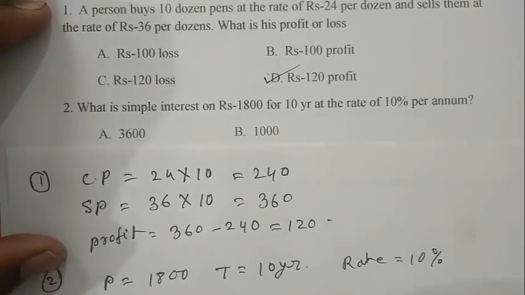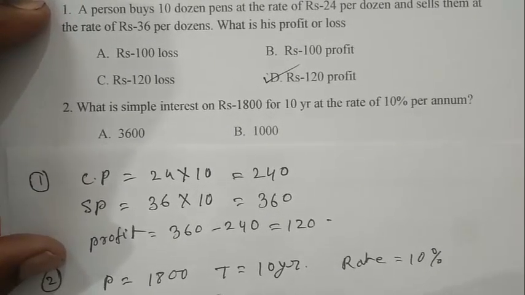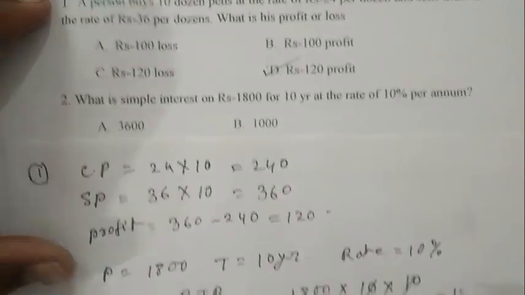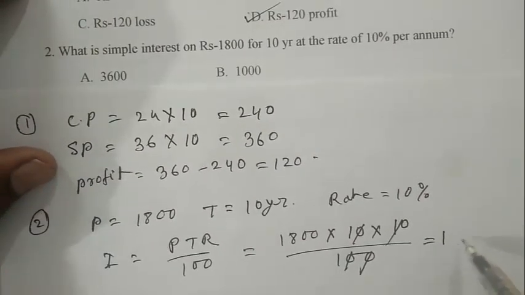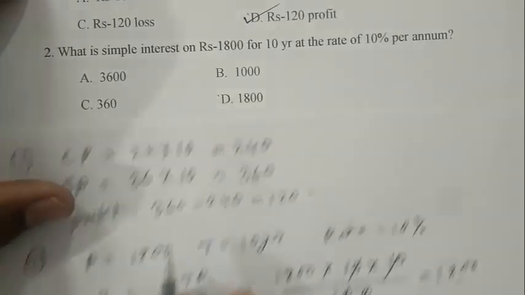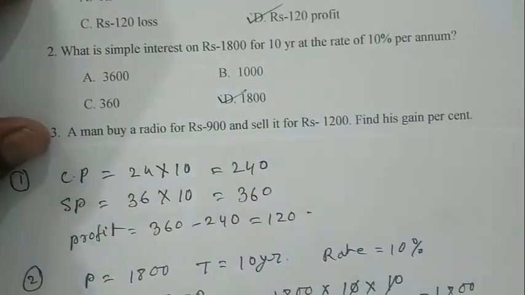So the interest formula is PTR by 100. So it becomes... so D is the correct answer.